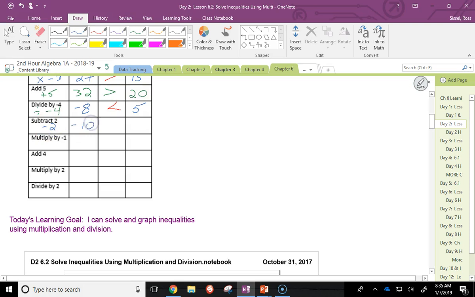Negative 10 and 3. My inequality sign is less than still. We're going to multiply by negative 1. So I get 10 and I get negative 3. Inequality sign is? It flipped again.